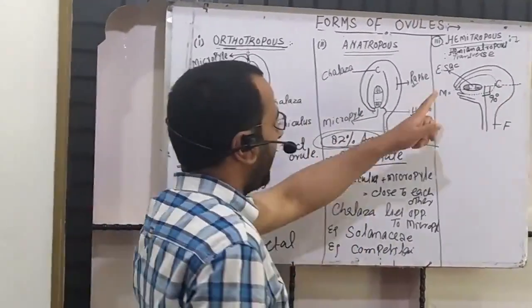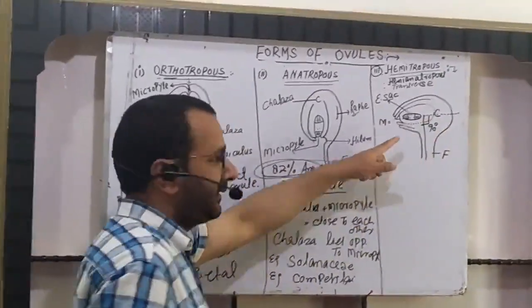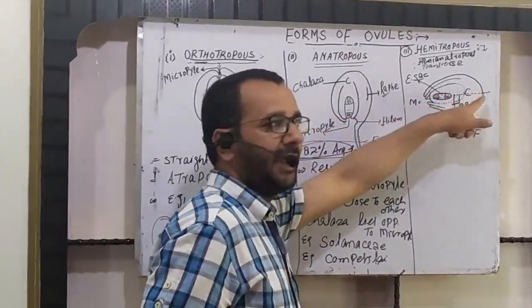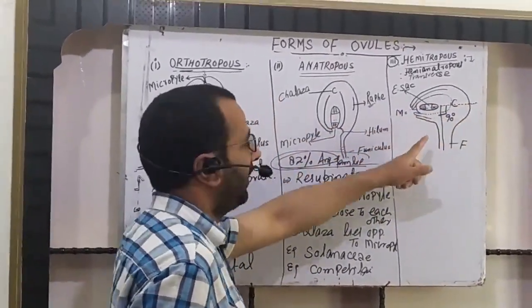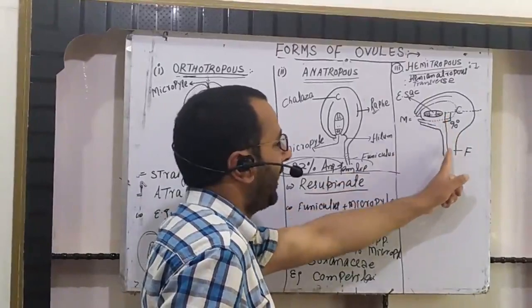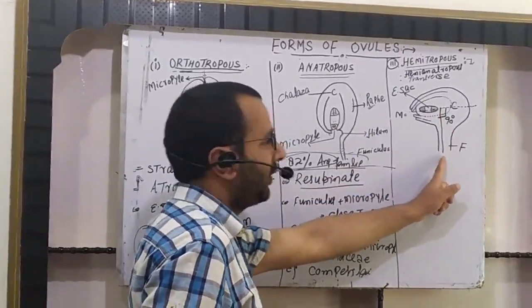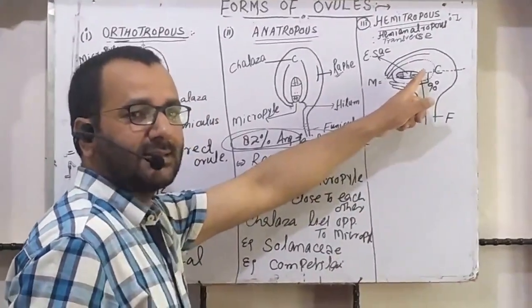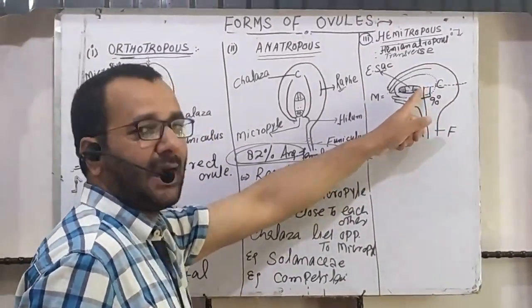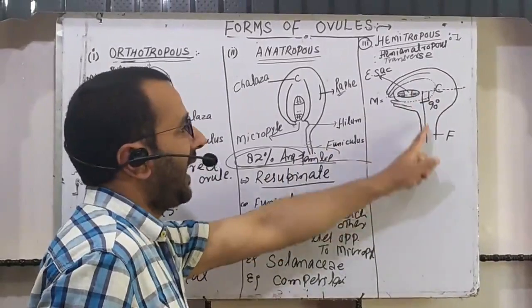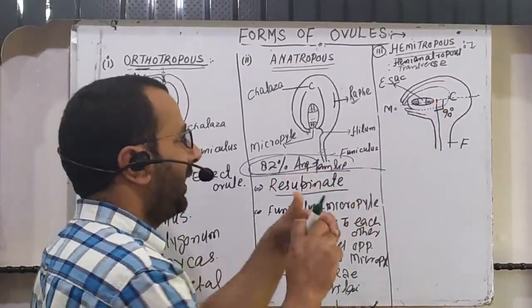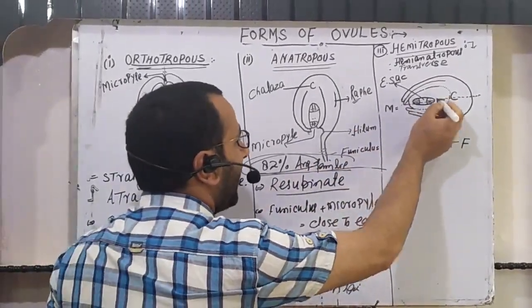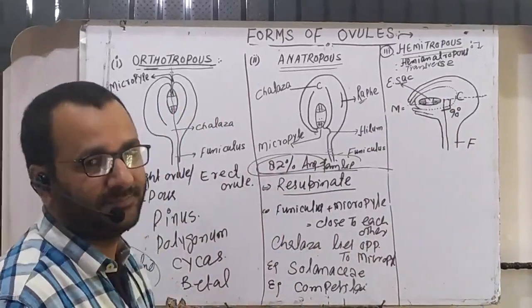If we draw a line over here showing the body of the ovule, it signifies that the funiculus and the body of the ovule are at right angles to each other.